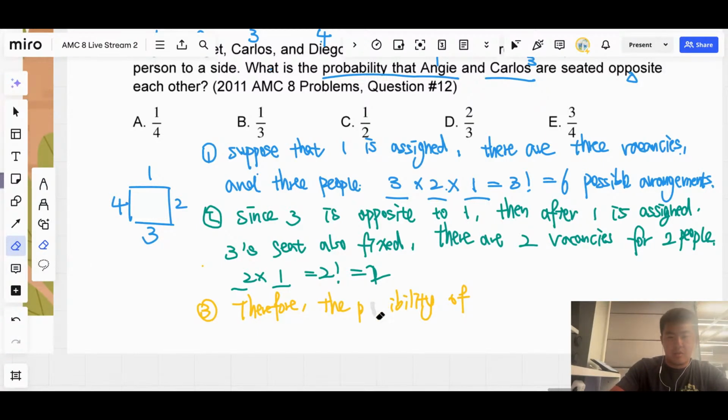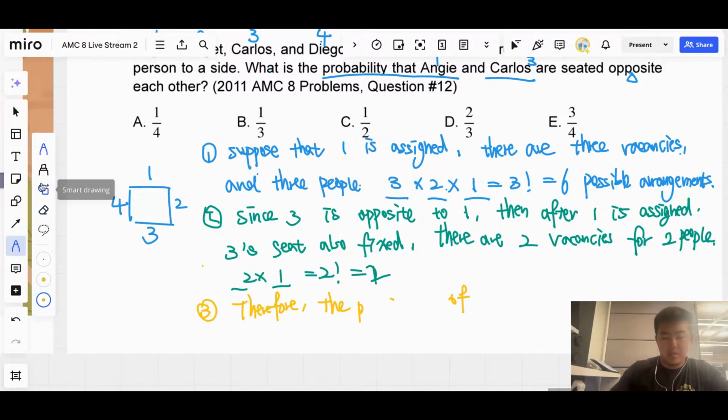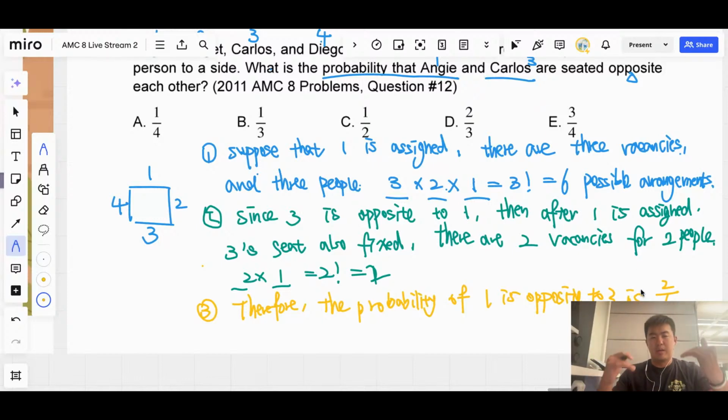So the probability of 1 being opposite to 3 is what? It should be 2 over 6, right? From our findings in steps 1 and 2.